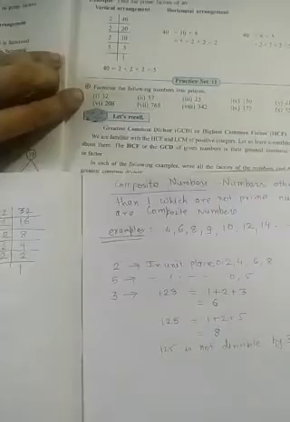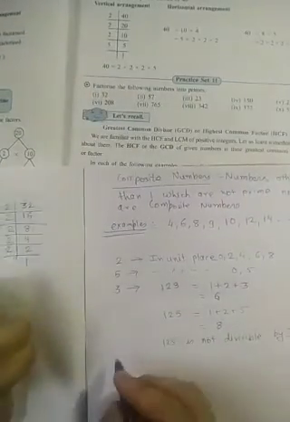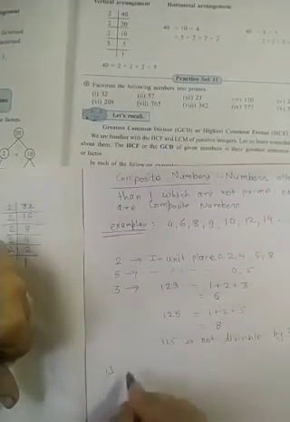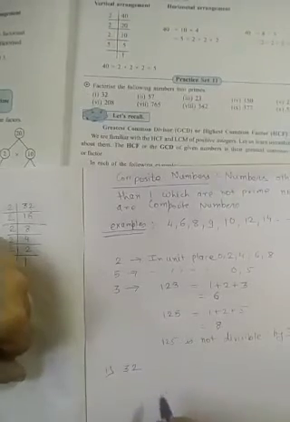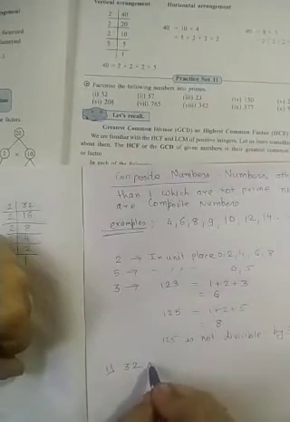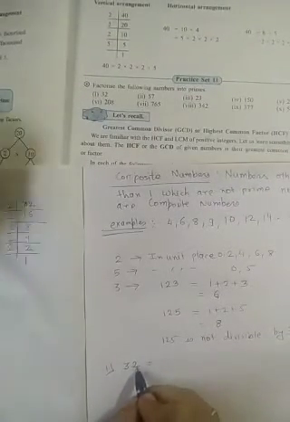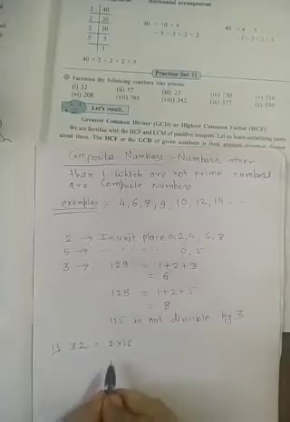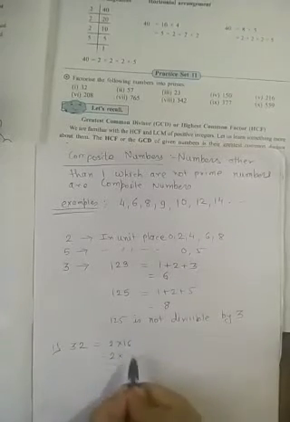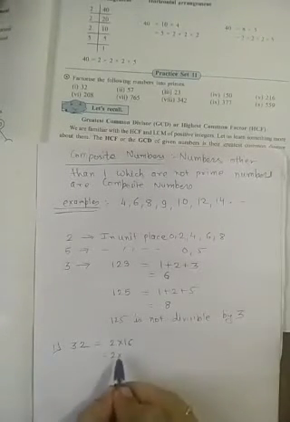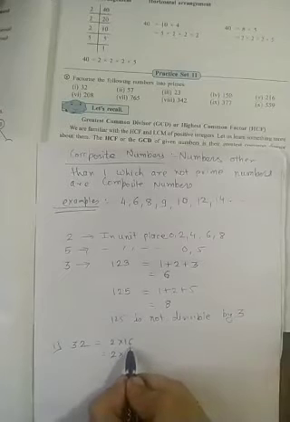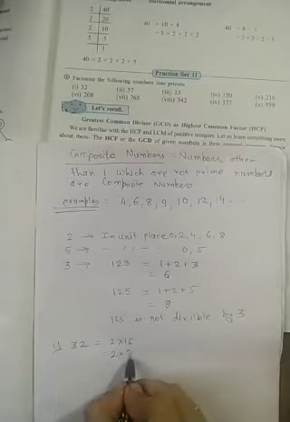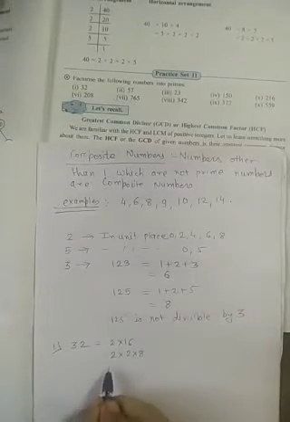Here 32 is a composite number. Now we have to find the factors of this. The factors of 32: you can write 2 into 16, that is 32. After that you find the factors of 16. 2 will remain as it is, then you factorize 16: 2 8s are 16.